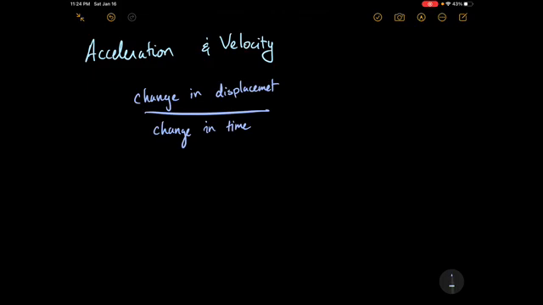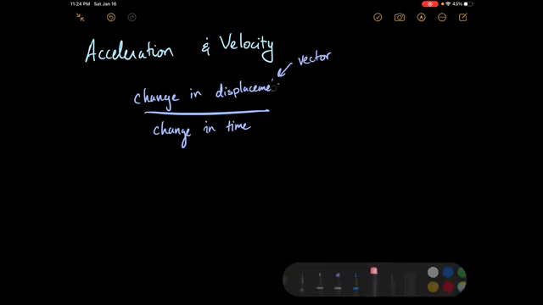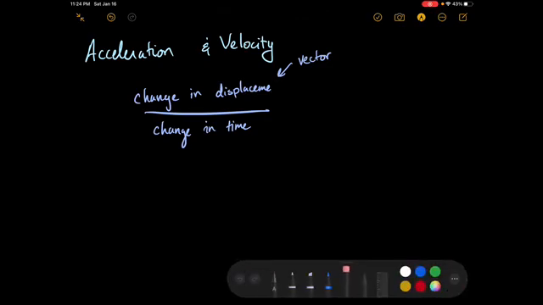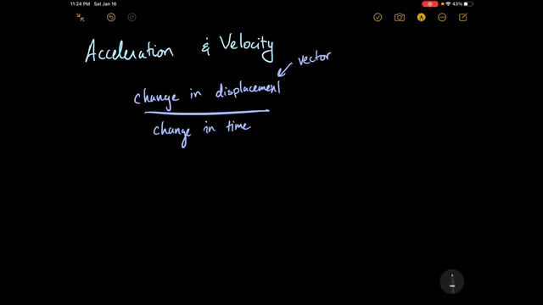And remember, displacement is a vector quantity, which means that not only does it have a value in terms of a magnitude, but it also has a direction. Oops, that's supposed to be displacement. Anyway, all that means is that it has both a direction and a magnitude, and not just a certain value.